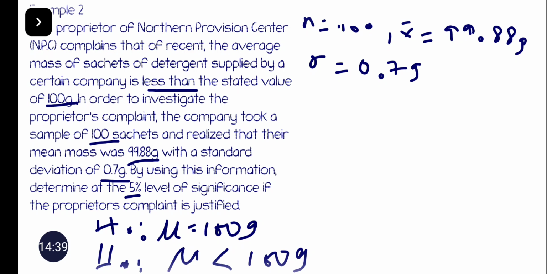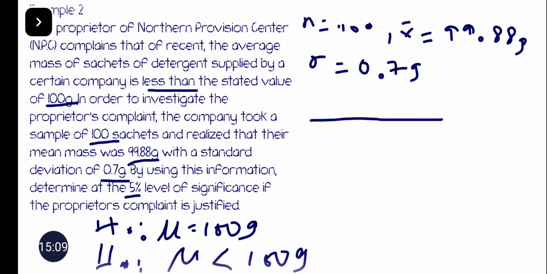And how do we calculate our z value? Now it is one tail, so at 5%, one tail, we are not dividing alpha by 2 again. 1 minus 5% gives us 95%, which is the same as 0.95.